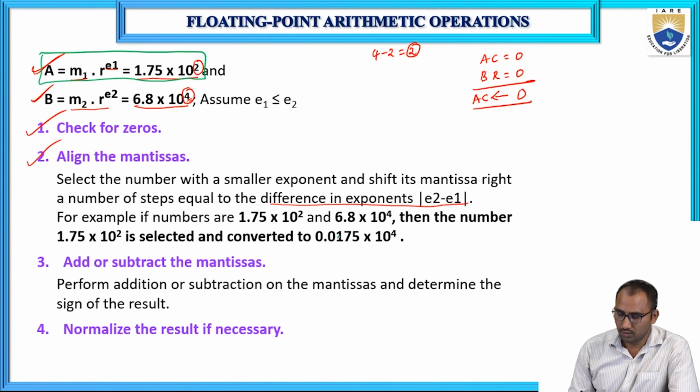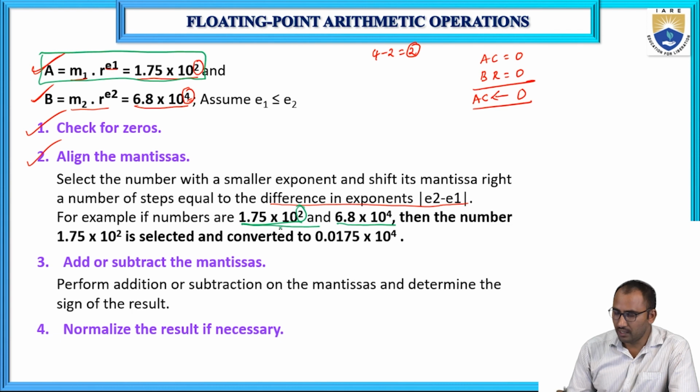For example, take the numbers 1.75 into 10 power 2 and 6.8 into 10 power 4. Out of these two numbers, the smaller exponent value is in the first number, so I have chosen the first number and I am performing a shift right operation by 2 bits.